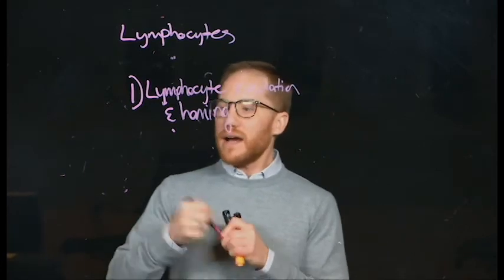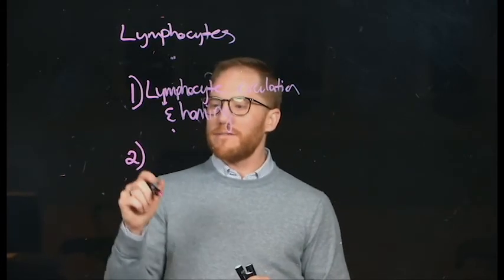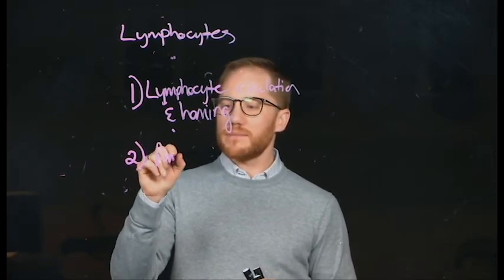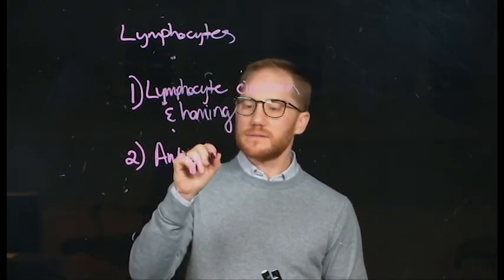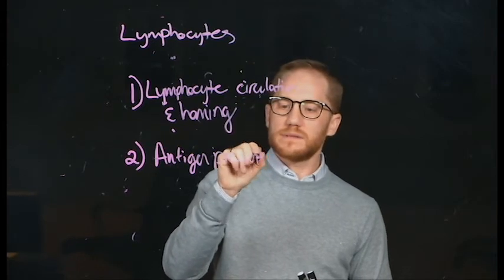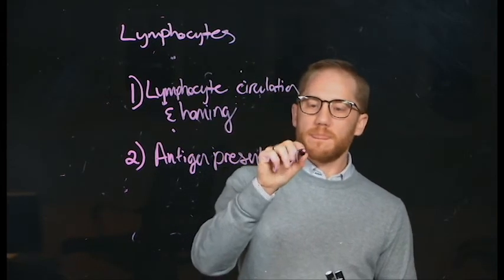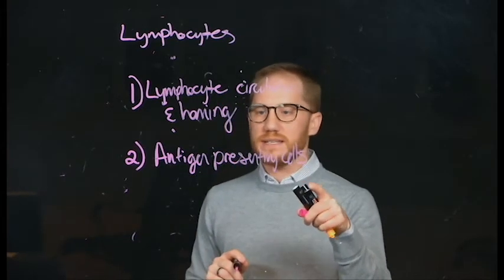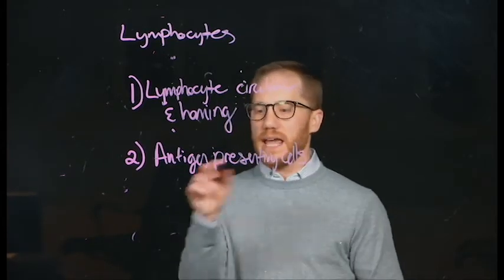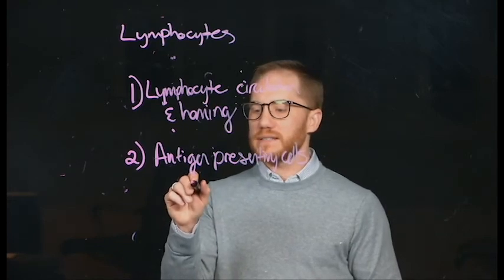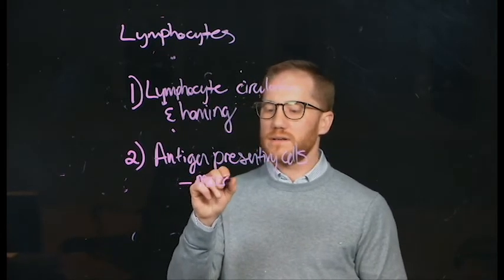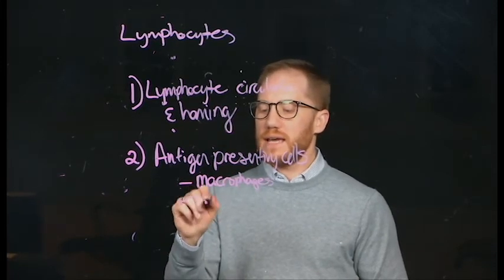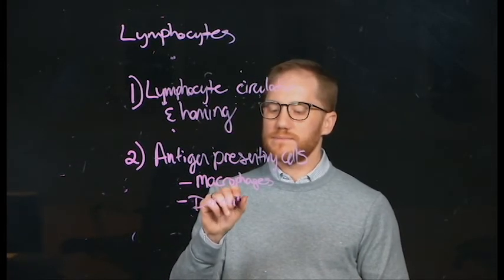The other, and perhaps the more effective way, is through what we call antigen presenting cells. We'll talk about antigen presentation through MHC to T cells. But these APCs, or antigen-presenting cells, include primarily macrophages and dendritic cells.